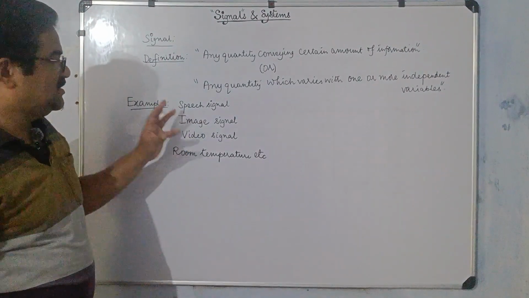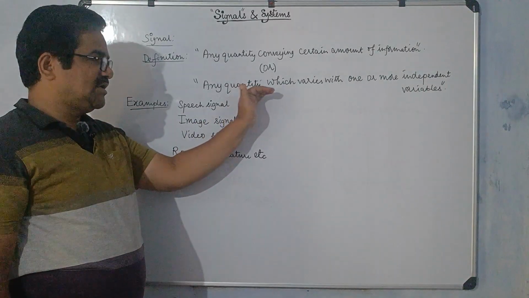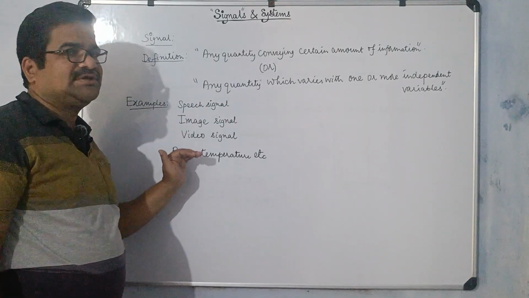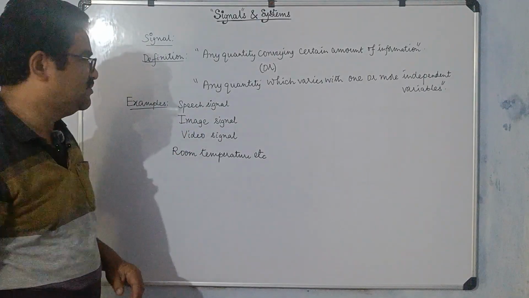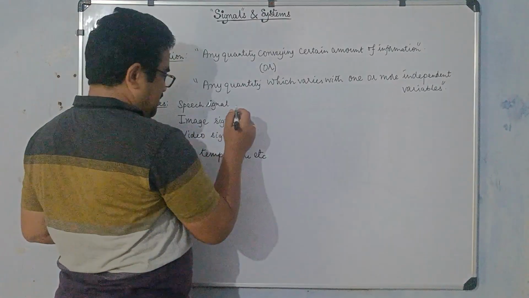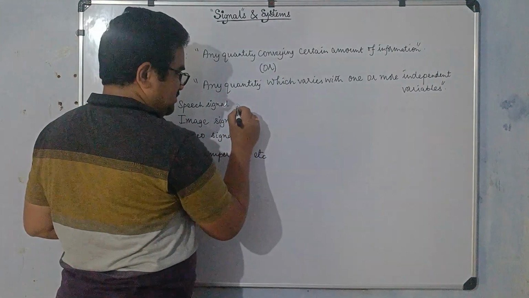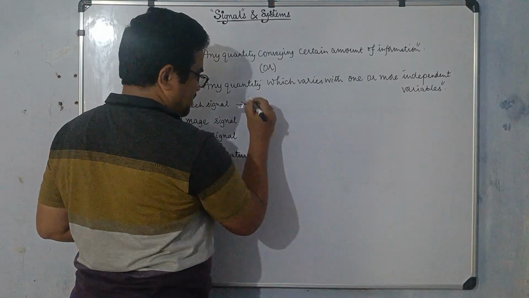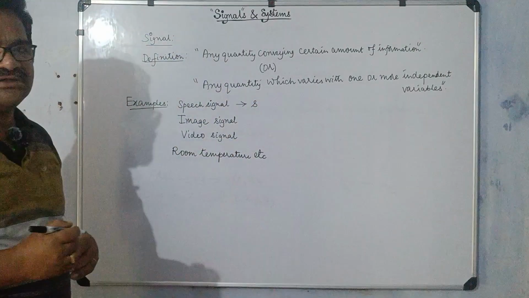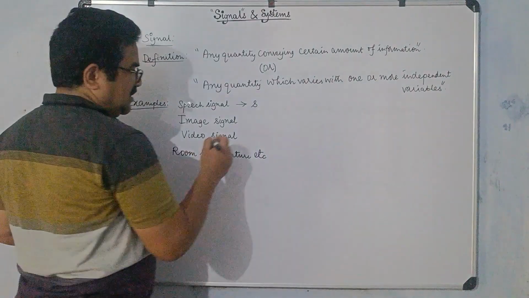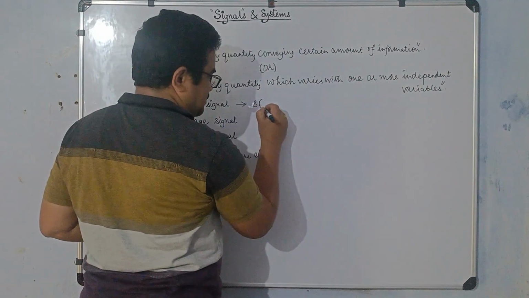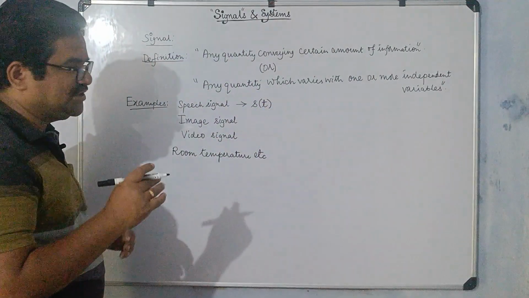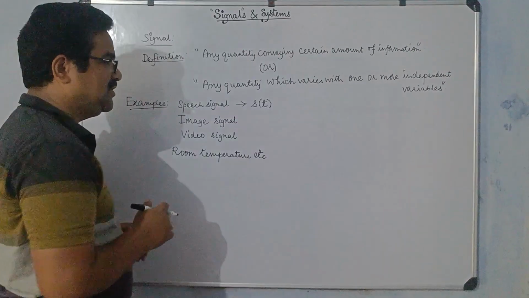Okay, and at the same time, according to the second definition, all these quantities are varying with respect to one or more independent variables.